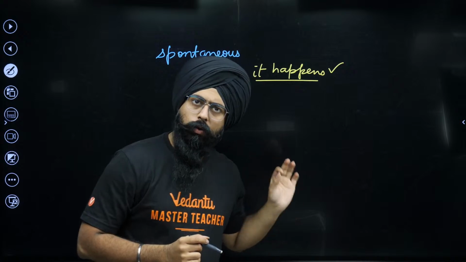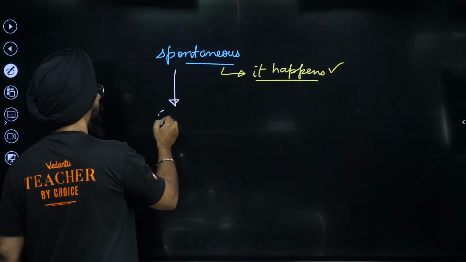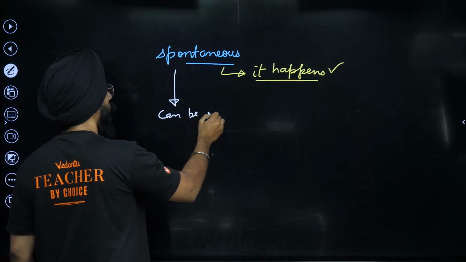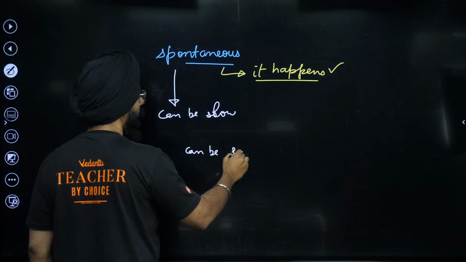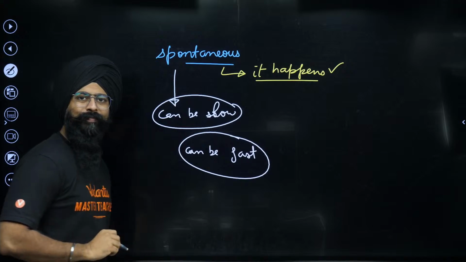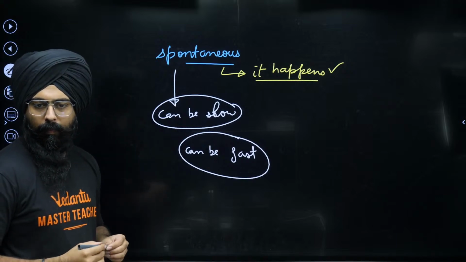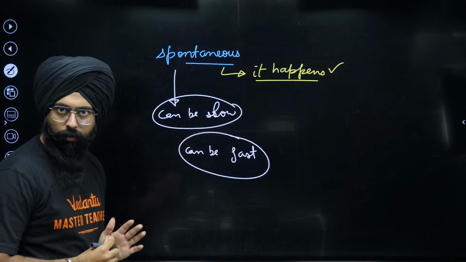Okay. So now, my dear friends, a spontaneous process can be slow. It can also be fast. It can be slow, but it can be a fast process also.